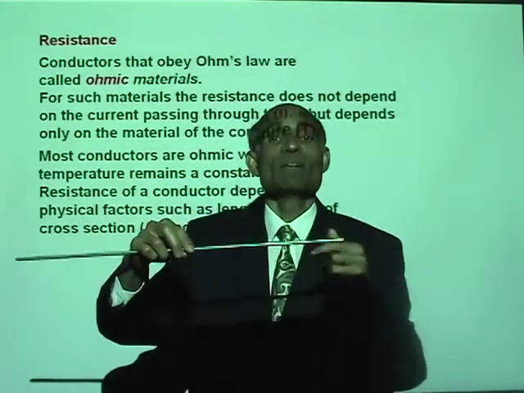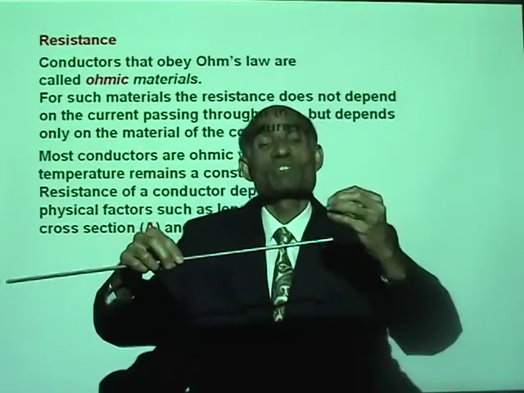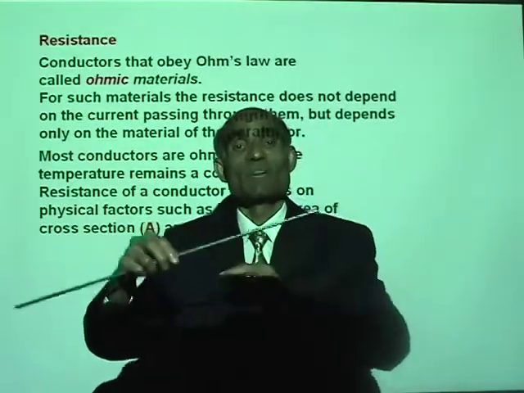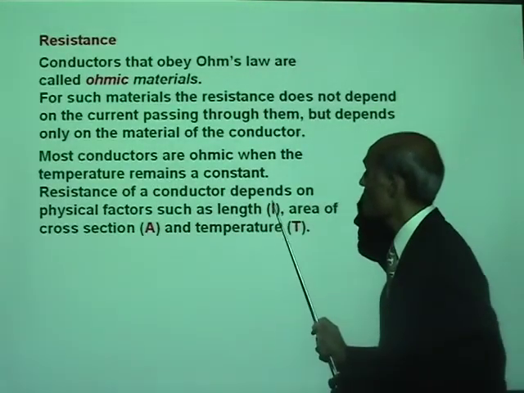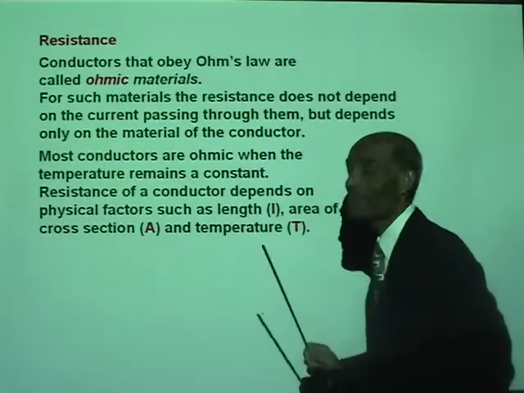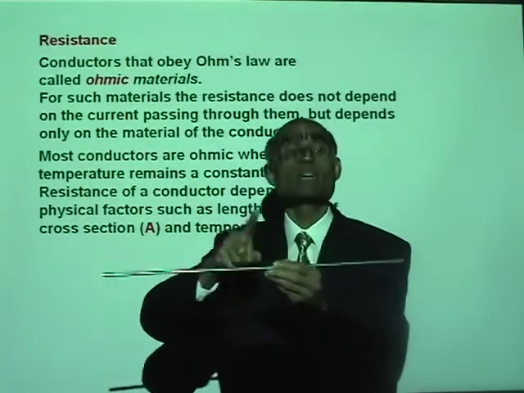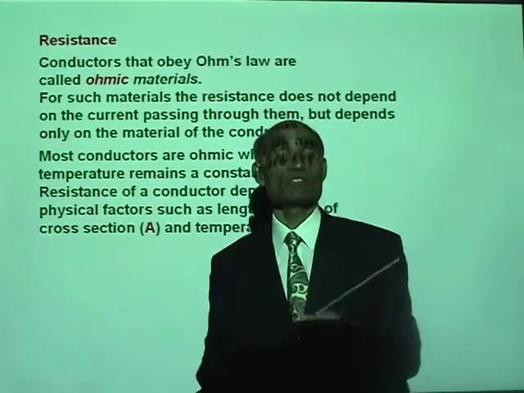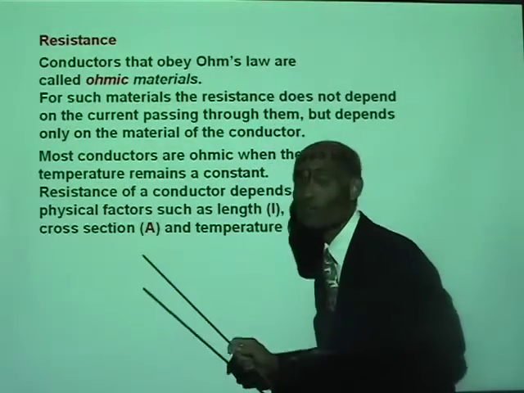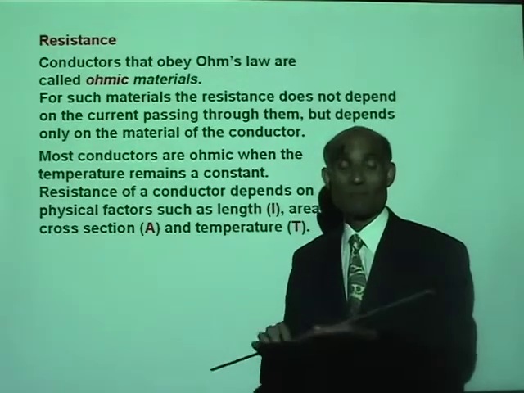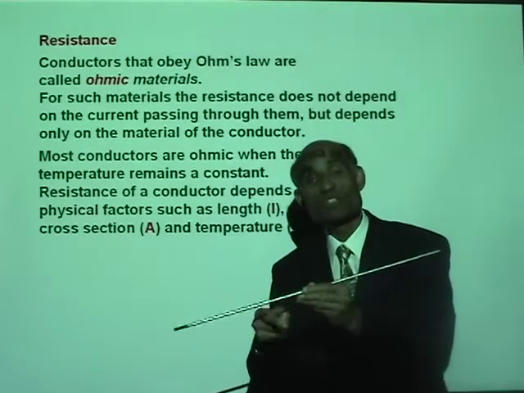As the thickness of the conductor increases, its resistance will decrease. So, we can say resistance of a conductor varies directly with length. Varies directly with length means resistance will increase as the length increases. And how does the resistance vary with the area of cross-section? As the area of cross-section increases, the resistance will decrease.